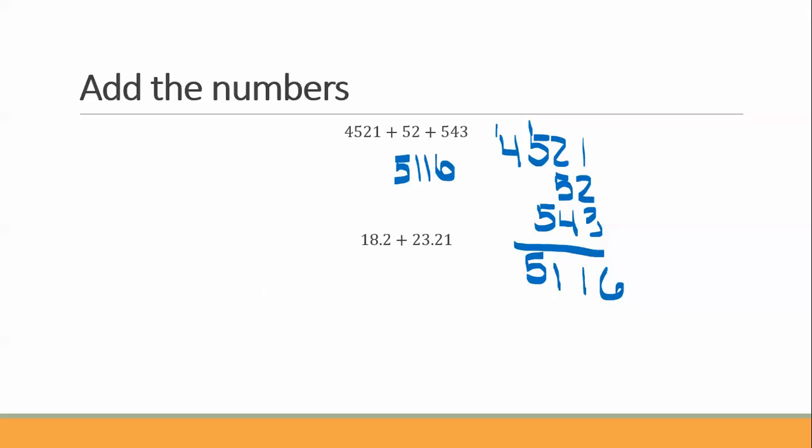Now we're going to add 18.2 plus 23.21. 18.2, and just like over here where we lined up the ones digits, the tens digits, and the hundreds digits, we have to line up over here too.